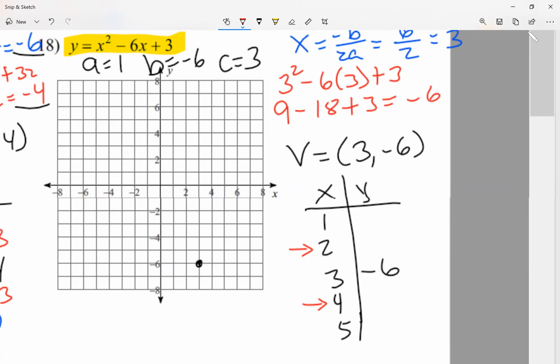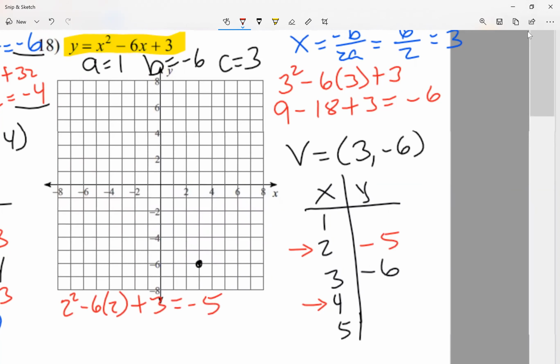So let's see. 2 squared minus 6 times 2 plus 3. So 4 minus 12 plus 3 is -5. All right, so my y value here is -5, and here my y value is -5.